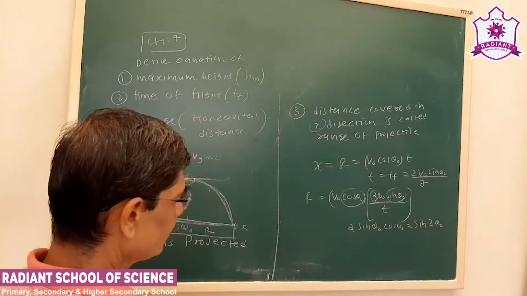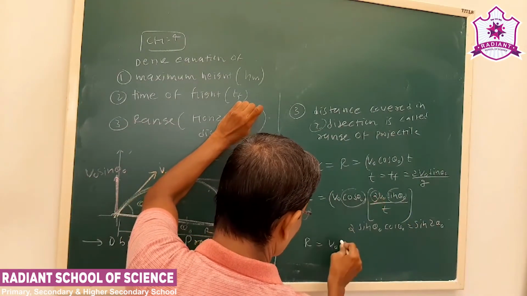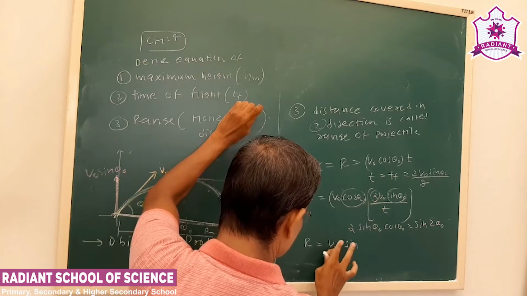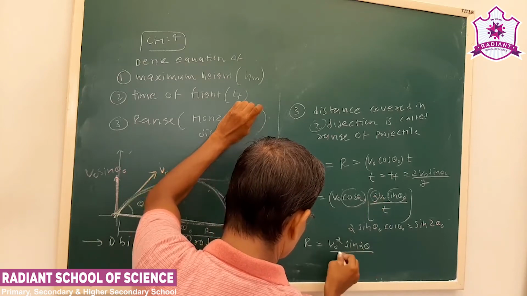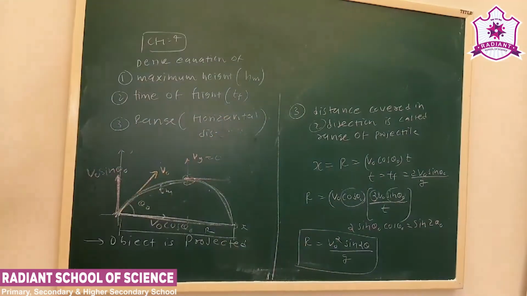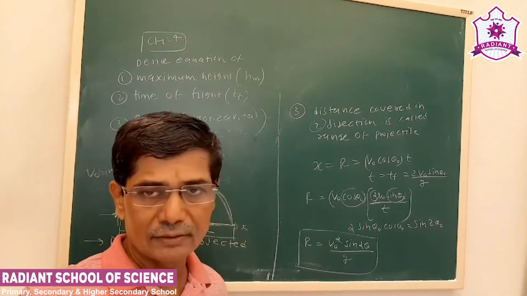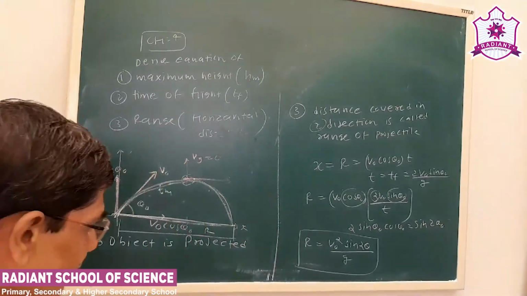So the equation will become v0 into v0 is v0 square sin 2 theta upon g. That is the formula for the range. So the range of the projectile is v0 square sin 2 theta upon g.